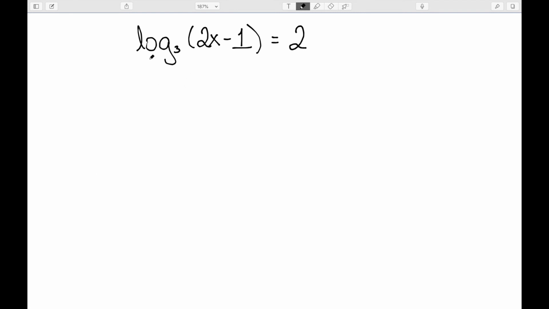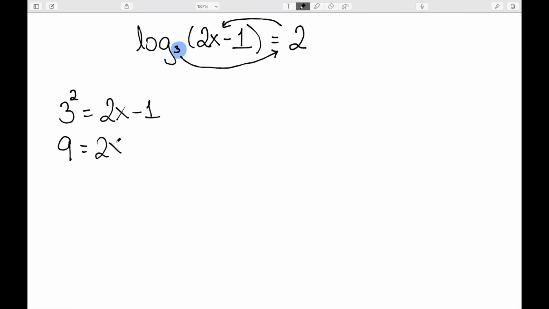So if we look at this equation, it's already written in the appropriate form, and we need to move to exponential. So here's our base, 3. We raise it to the second power, and it should be equal to 2x minus 1. 3 squared is 9, is equal to 2x minus 1.